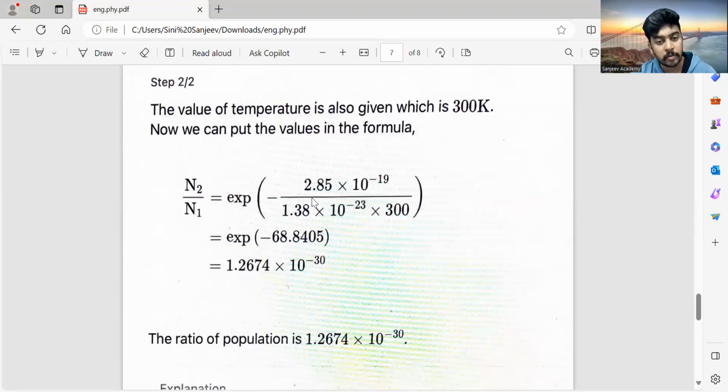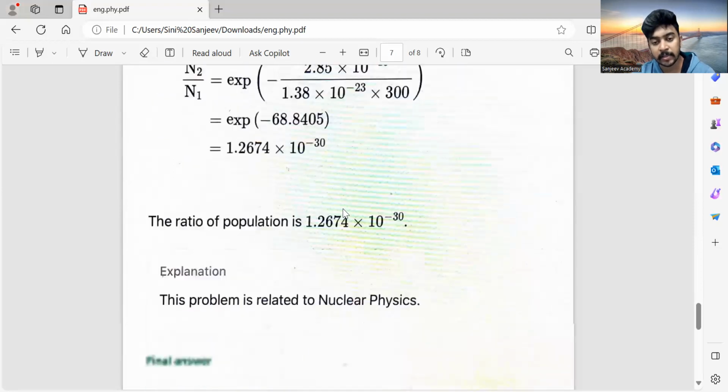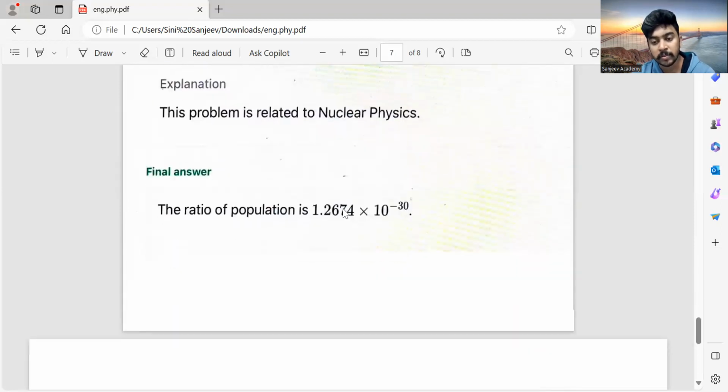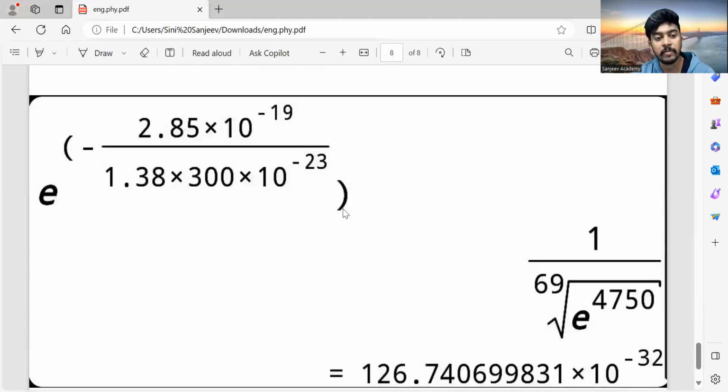So, exponential of minus 2.85 into 10 power minus 19 divided by 1.38 into 10 power minus 23 into 300. The k value is 1.38 into 10 power minus 23. Upon substituting this, I'll be getting this answer. I'll show you in the calculator how to do that. This is taken from a calculator screenshot.